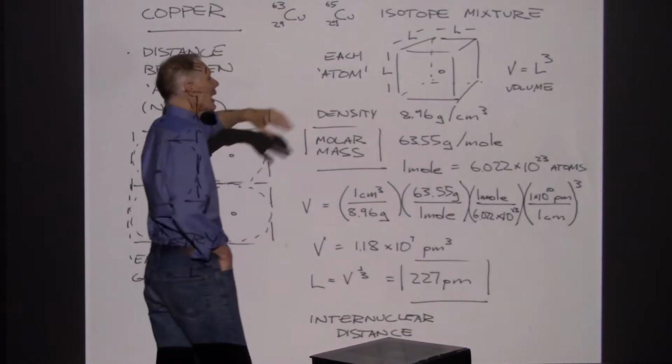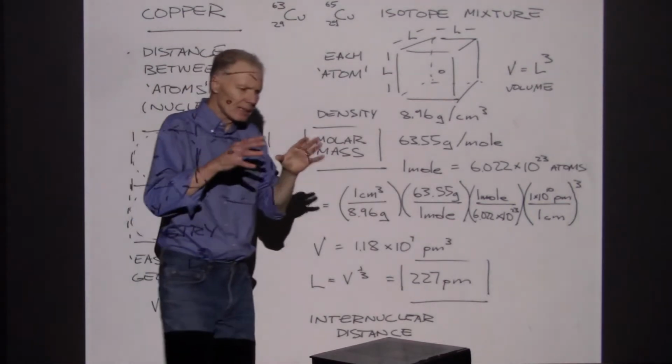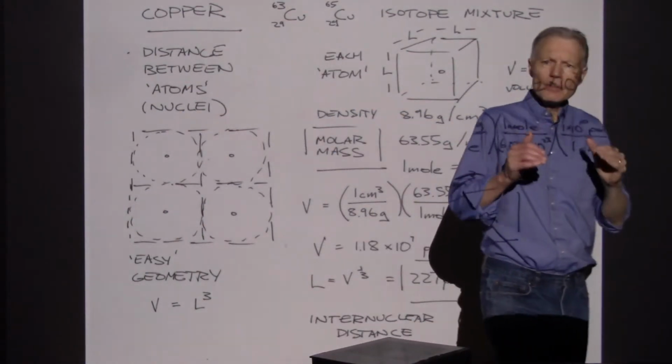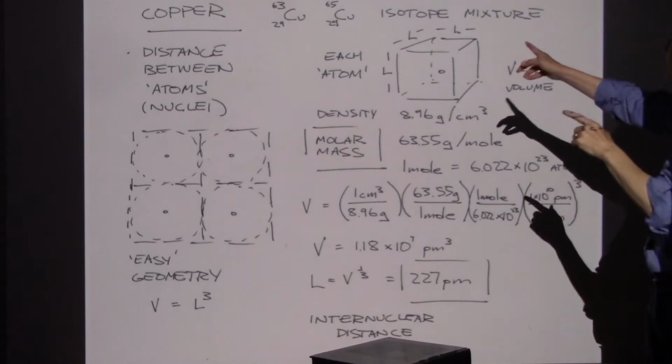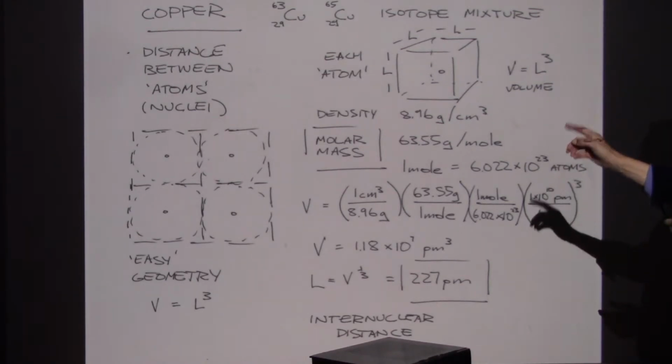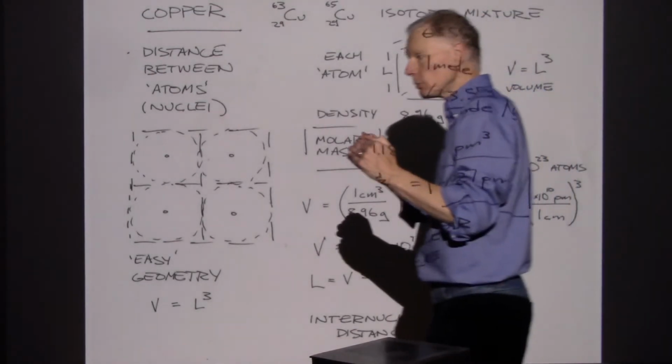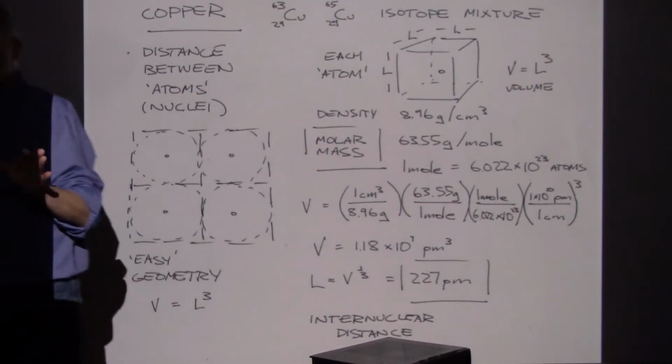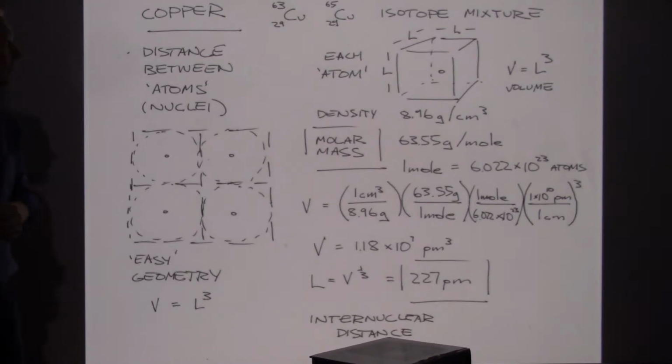I want to be clear about the isotope, because when we start looking at individual atoms, an individual atom is not the average of copper 63 or 65. It's one or the other. It's not going to be some combination of those. If I have a large collection of copper atoms, then we can average over the properties of the individual isotopes. But when we're talking about individual atoms, copper 63 is distinct from copper 65.